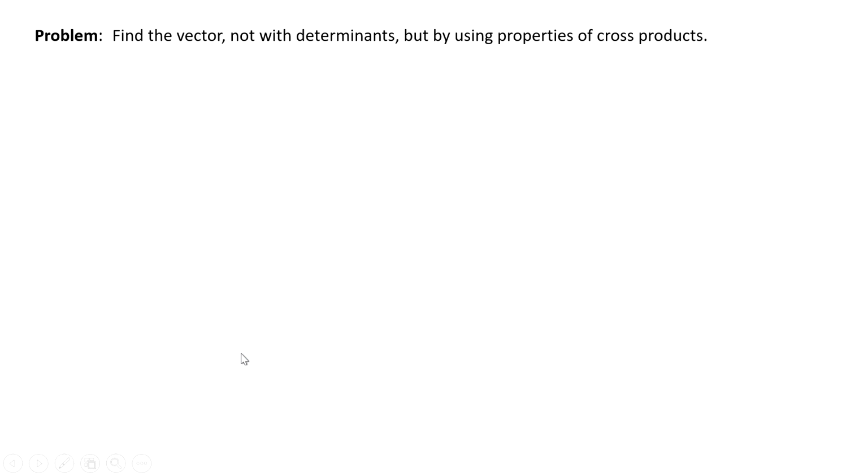Now I'm going to solve a few problems and solidify the concepts. Find a vector, not with determinants, but by using properties of cross products. Like what? What's i cross j dotted with k? Now, don't do the ijk determinant, just figure it out by properties.